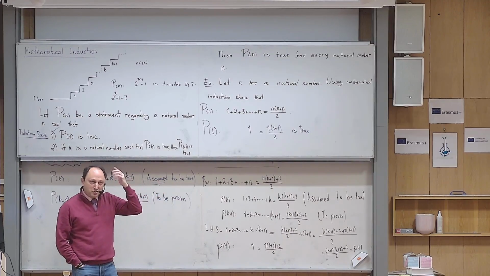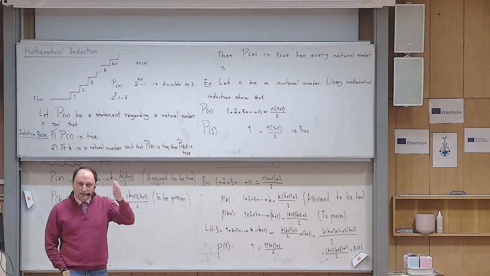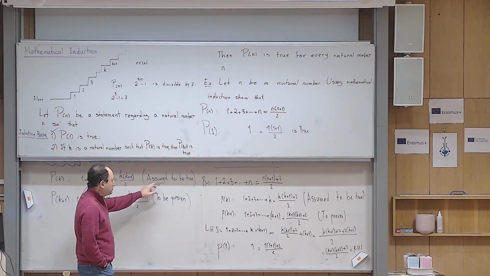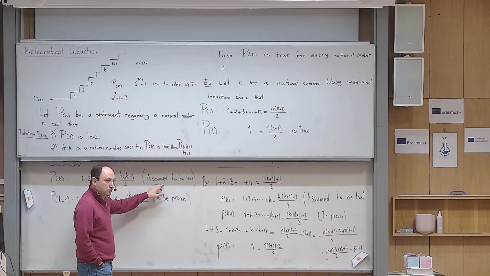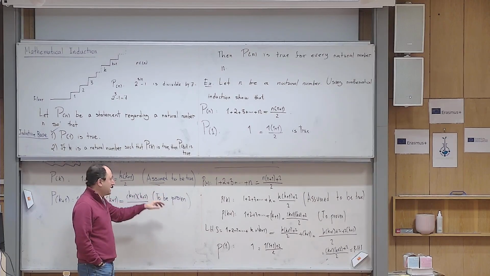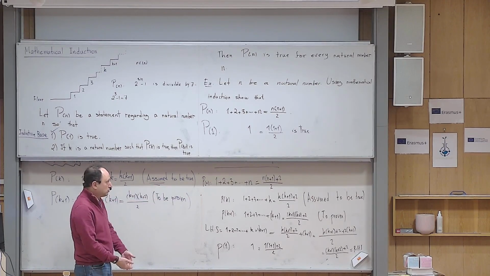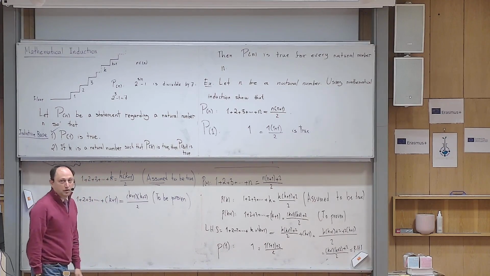This is our imagination. We say, okay, let us assume that this is true. Assumed to be true and really true are not the same thing. Because if assumed to be true means is true, then it is a circular argument.